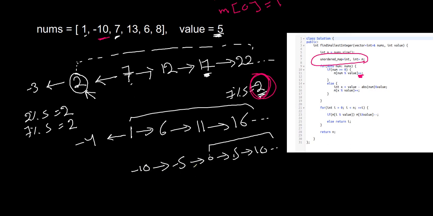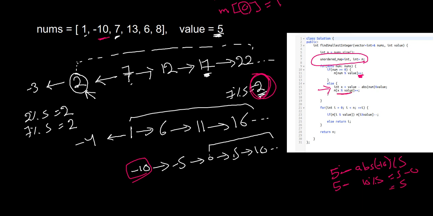Now notice that we calculated this value 0 for the minus value using this operation, which equals 5 minus the absolute value of minus 10 mod 5, and this equals 5 minus 10 mod 5, which equals 5 minus 0, equals 5.